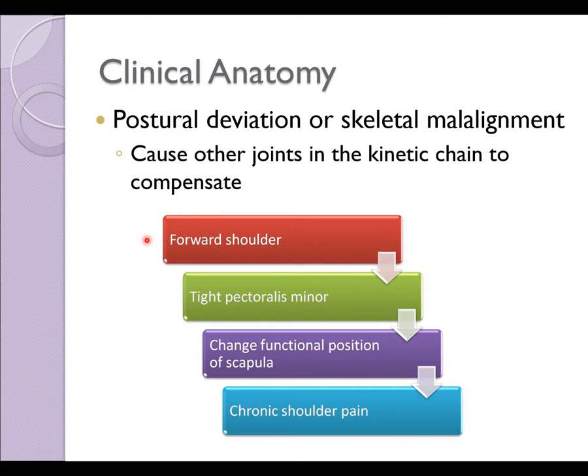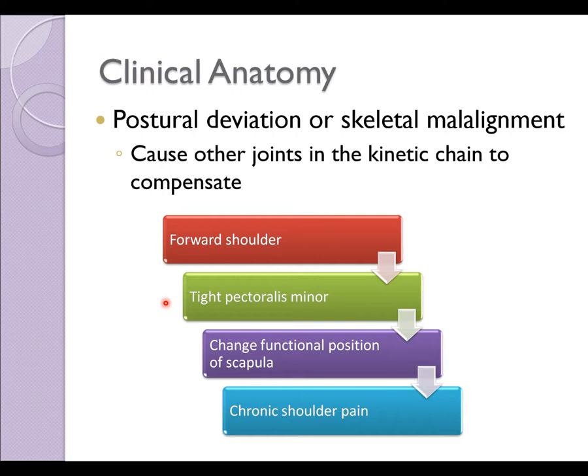But when you start adding other things to figure out what's going on here, the reason we might have forward shoulder posture, whether it's the cause or the effect, could be tight pectoralis minor muscle. Now, if you know your anatomy, the pec minor is under the pec major on your anterior chest. It starts on your rib cage and it goes up and it actually attaches to the coracoid process of your scapula.